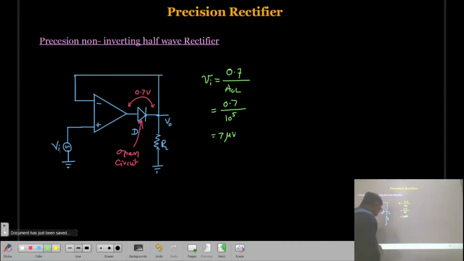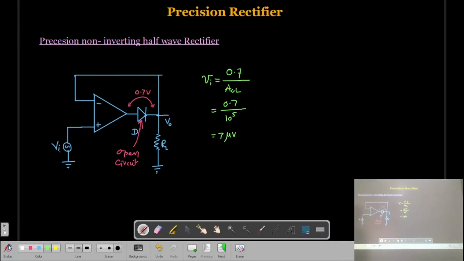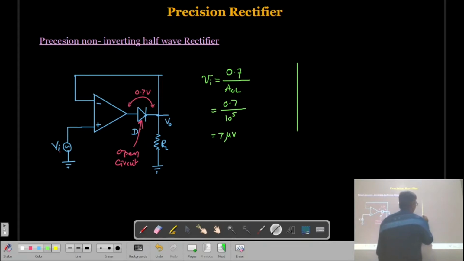Now in this case, if you see the transfer characteristics, it will be like this.